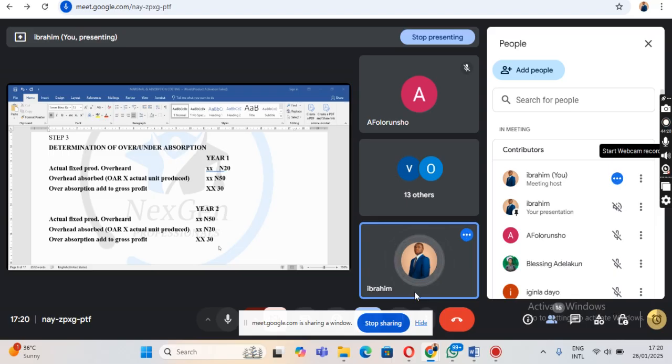Class, you must have something in common. Your budgeted must have an element of actual. That is why in this overhead absorbed, we multiply by the actual units produced, because we want the budgeted to have an element of actual. So if it has something in common, therefore you can compare Afolomusho and Ibrahim because we have something in common, right?